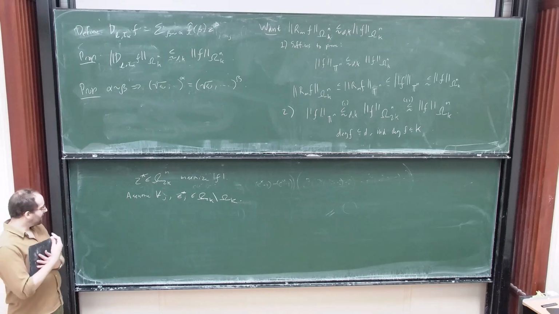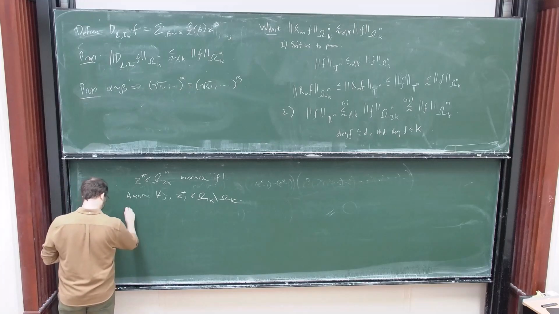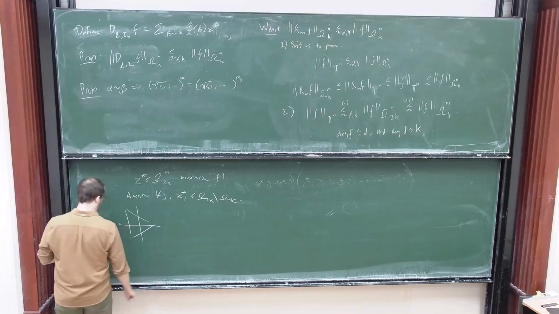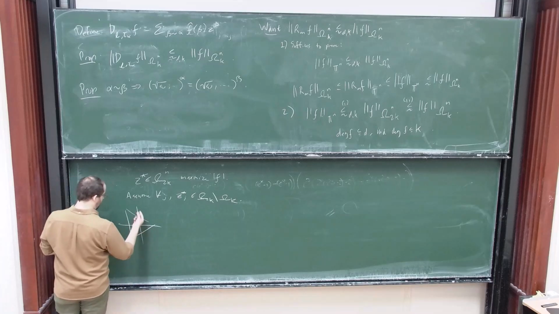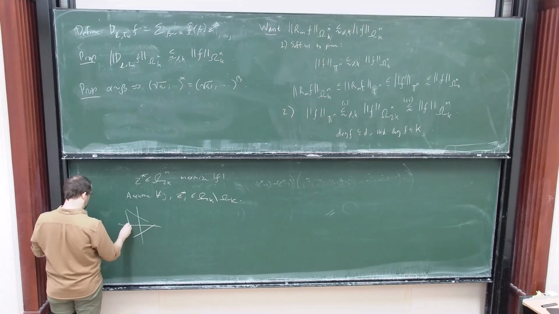All right, and then I claim we can further assume something. Let's just take the triangle, so this is k equals 3. Let's say one of the maximum guys here is minus 1.